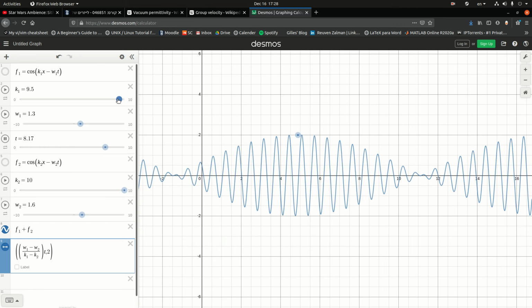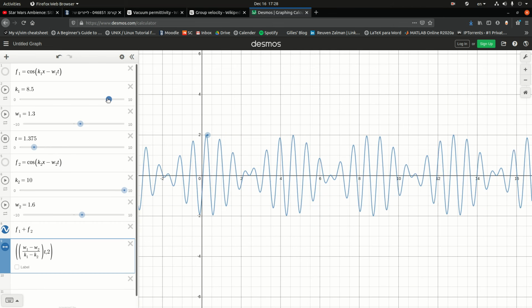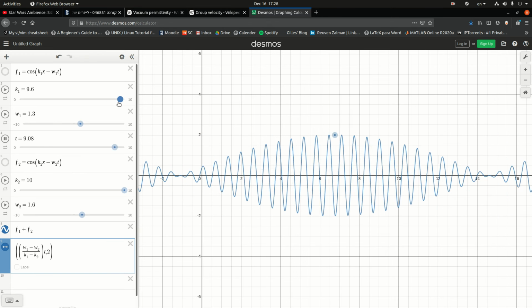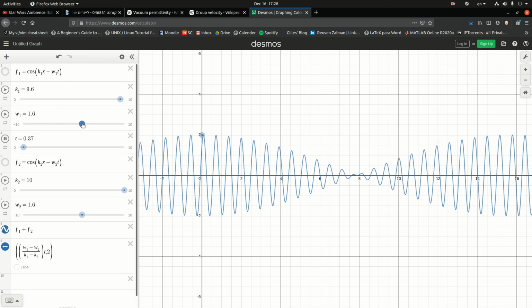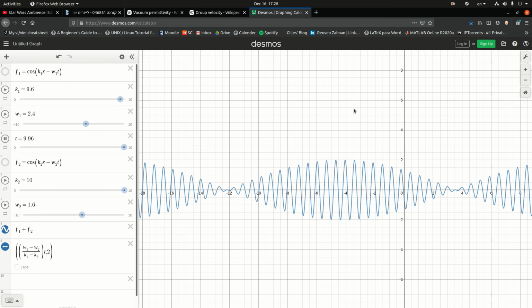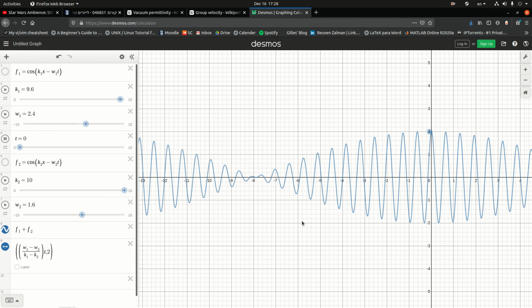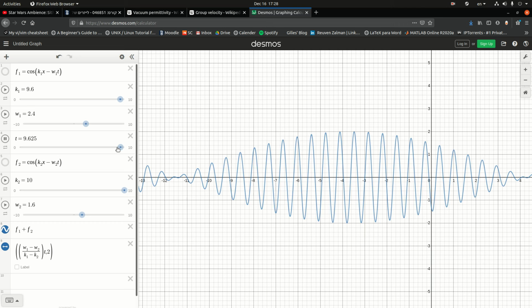Let's see if I can tweak it such that the phase velocity is totally opposite to the group velocity. Let's see if I can get it. Yeah, I think that's it.